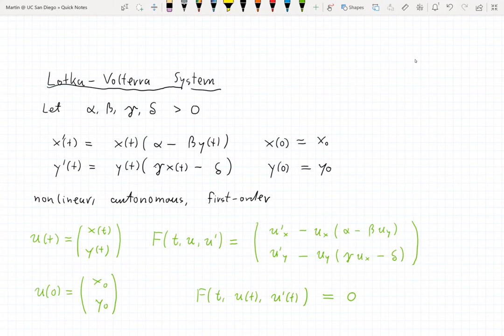If we put it into the abstract framework for ordinary differential equations, then we need to work with a vector variable. So let us define u of t equal x of t, y of t in a vector. The initial condition is u of 0 equal x0, y0.